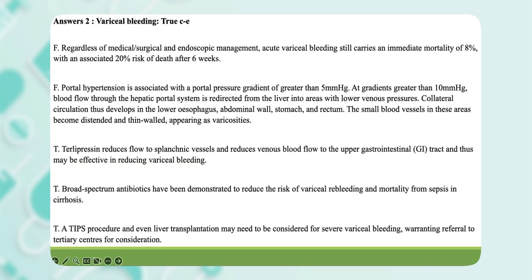You inflate the gastric balloon first, then you pull it, and when it is stuck at the lower esophageal junction, then you inflate the esophageal balloon.